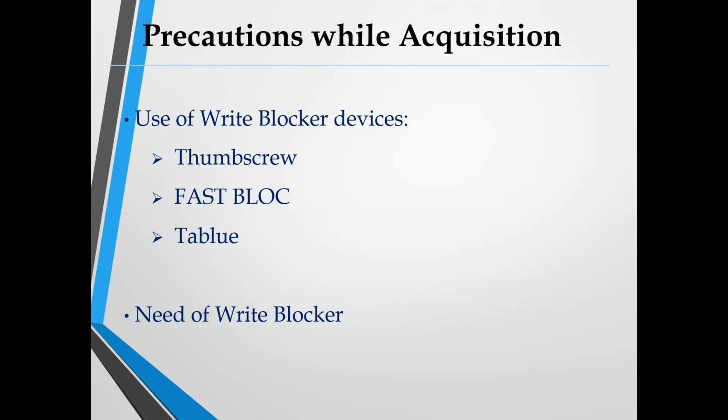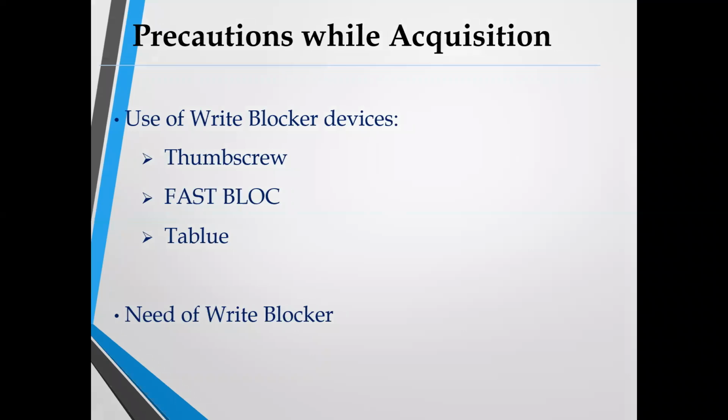Write blockers are both in software and hardware, so that you can rightly pick off and block that information so that no one writes anything else within that document, that other hard drive that you have made an image to. That is what the write blocker is, to freeze information so that no one writes on it, otherwise information will be lost. There is always a need for a write blocker.